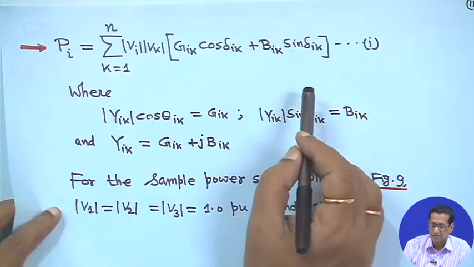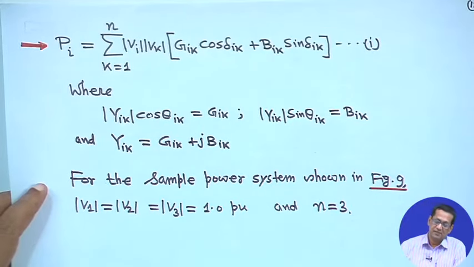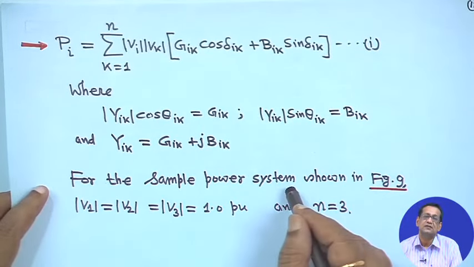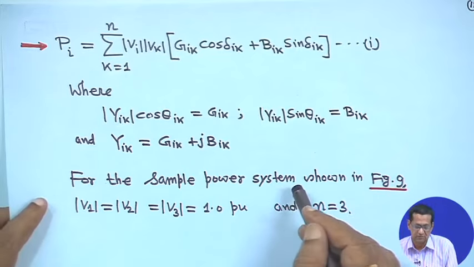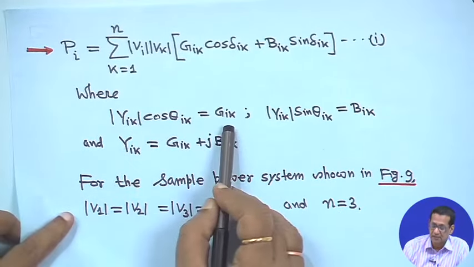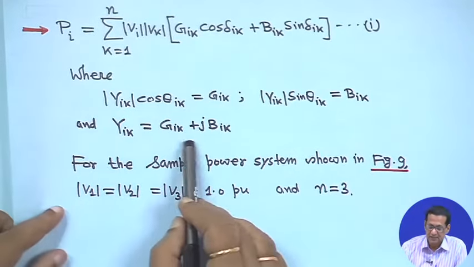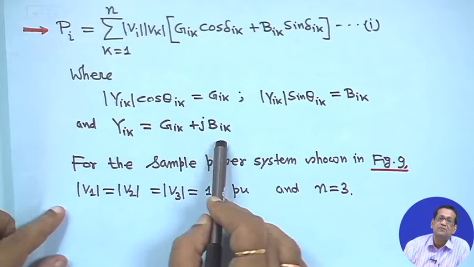Here |Yik| cos theta ik is Gik and |Yik| sin theta ik is equal to Bik, and Yik is equal to Gik plus jBik.